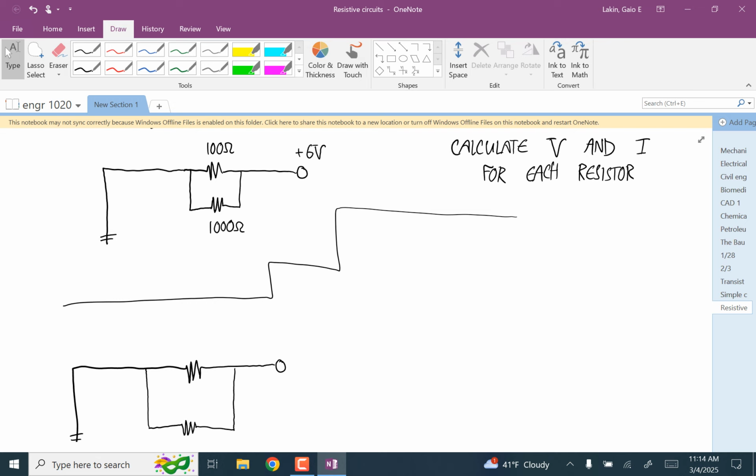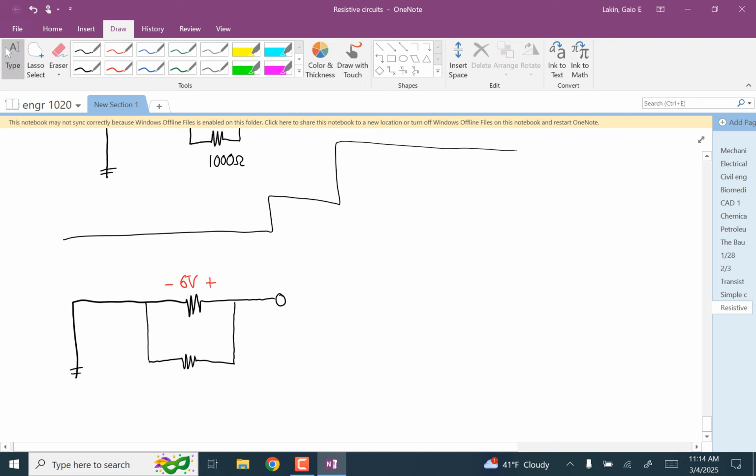So it's flowing this direction. And so the voltage in this resistor is 6 volts with the polarity shown there. And following from the junction, following that same direction, the polarity for the 6 volts on this one is this way.